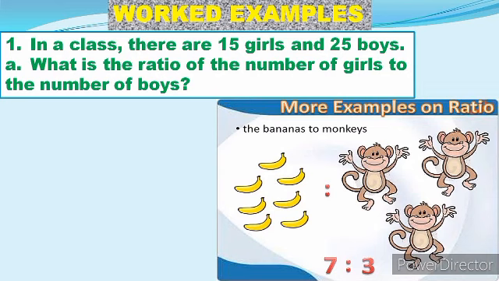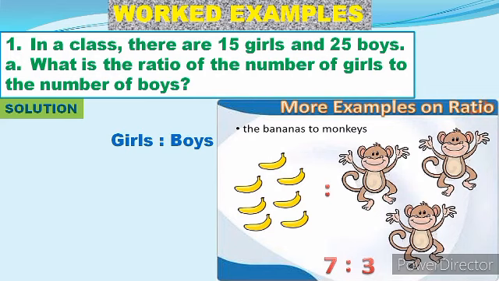You know why? That is because the boys were not given before the girls. The girls were given before the boys. So, my ratio becomes girls ratio boys. If you write boys ratio girls, you're going to have a wrong answer. Remember I said you have to write your ratio respectively, or according to how it is given in the question.